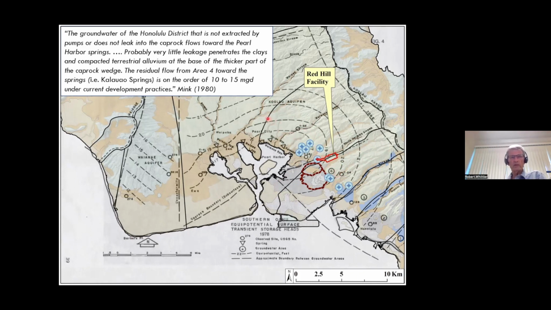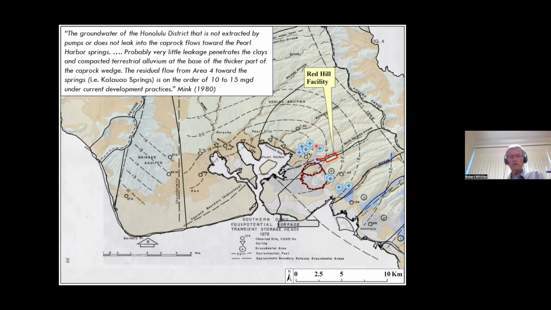And he estimated minimal groundwater flow in this direction, but about 10 to 15 million gallons per day across this boundary here from Honolulu into Pearl Harbor.